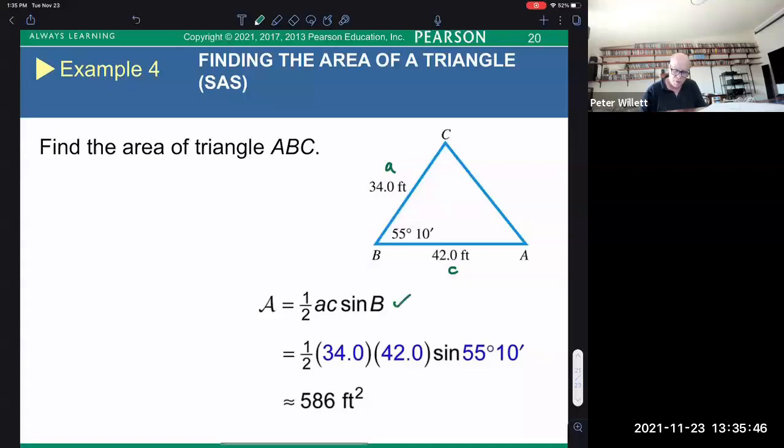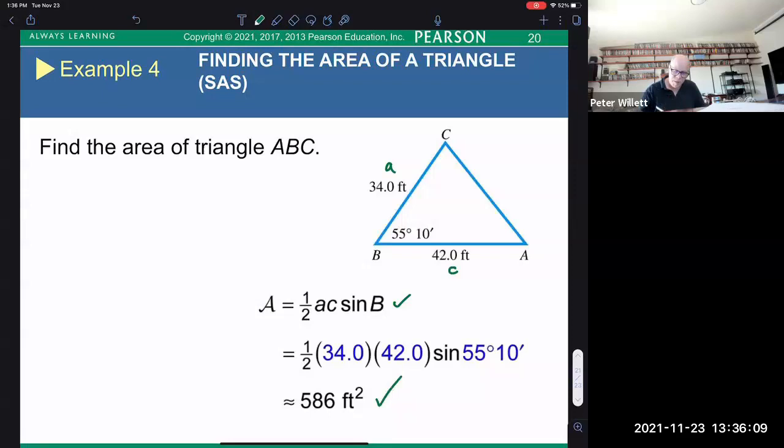That's the formula appropriate to this particular triangle. You don't even really need to label the A, the B, and the C. If you know you have two sides and the angle between them, just multiply the two sides and the sine of the angle between them to get the answer with the 1/2. So they plug those in, multiply, and get the area of the triangle.